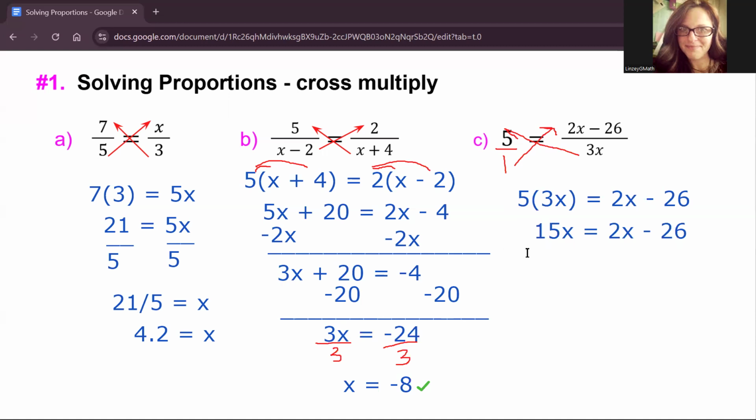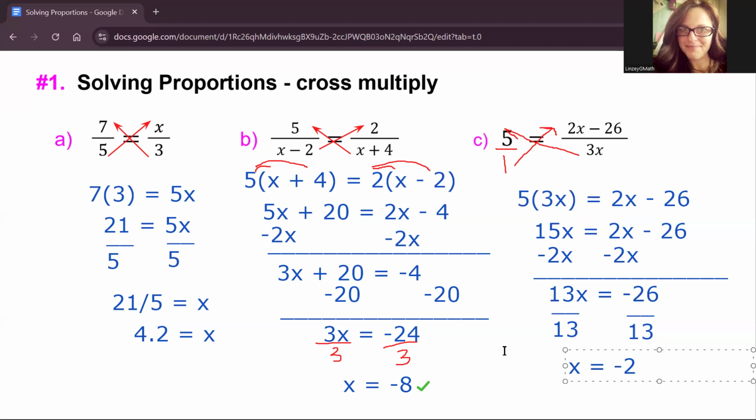And we'll subtract 2x, bring it over to the other side. 15x minus 2x, we get 13x is equal to negative 26. And then we'll divide by 13, and we get x is equal to negative 2.